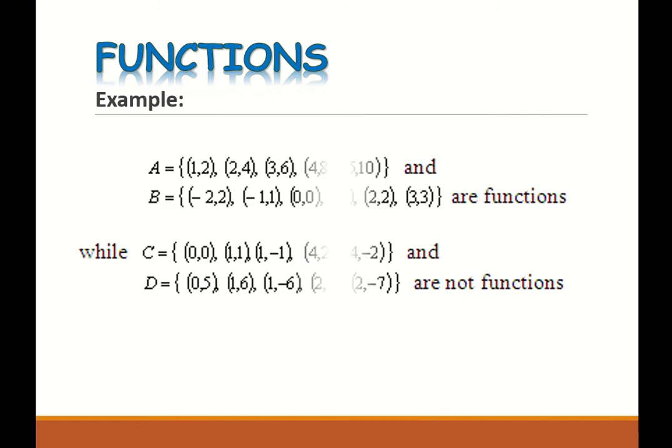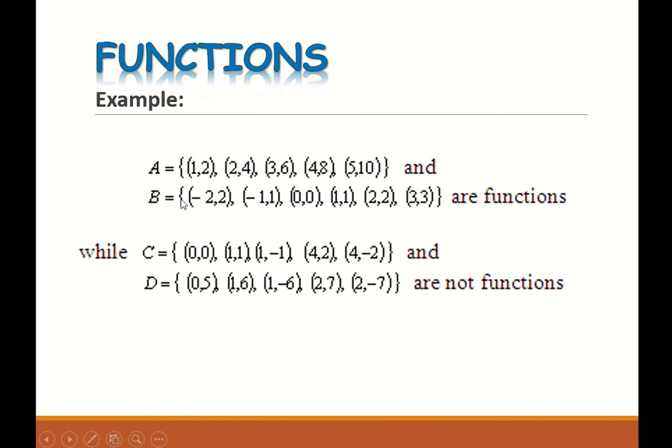For example, you are given here different set notations of functions. For sets A and B, they are all considered functions. Why? Because we have a one-to-one correspondence here. 1 corresponds to 2, 2 corresponds to 4, 3 corresponds to 6, 4 corresponds to 8, 5 corresponds to 10.